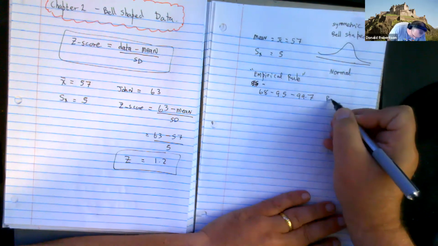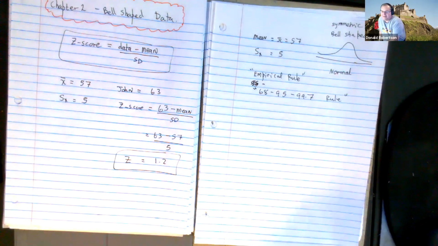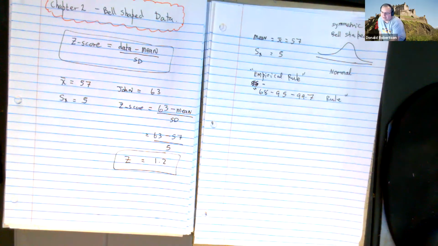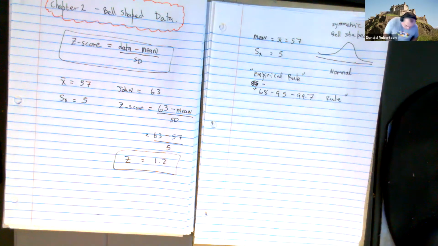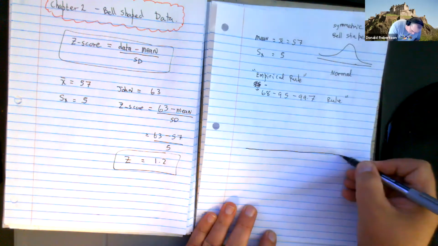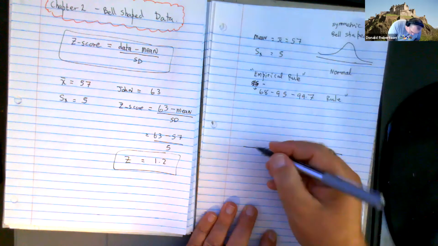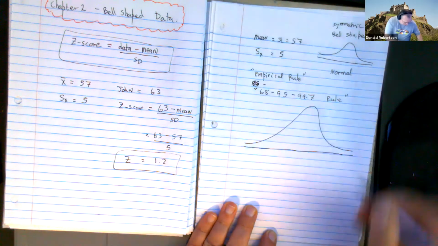I prefer that name instead of the empirical. The empirical rule doesn't tell me a lot of information. I know that's a really ugly name, but it tells me a lot. Because what it says is that if you collected all the people in that class and you made a histogram of it, it would look normal. Well, that we already knew.